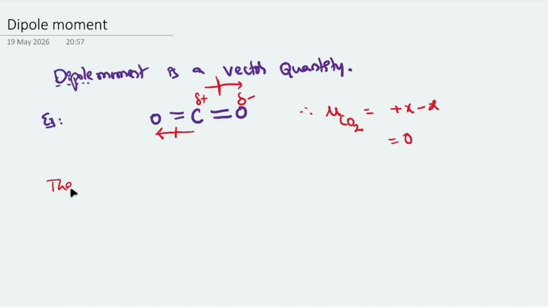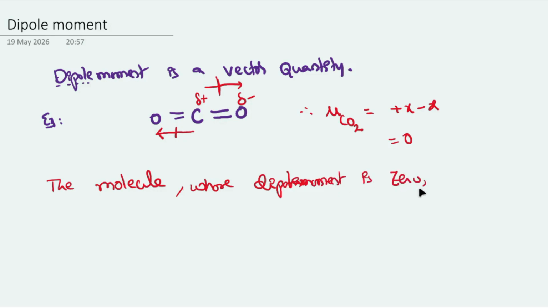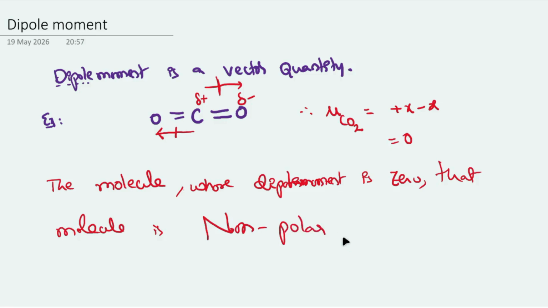The molecule whose dipole moment is 0, that molecule is called a non-polar molecule. It is not polar.